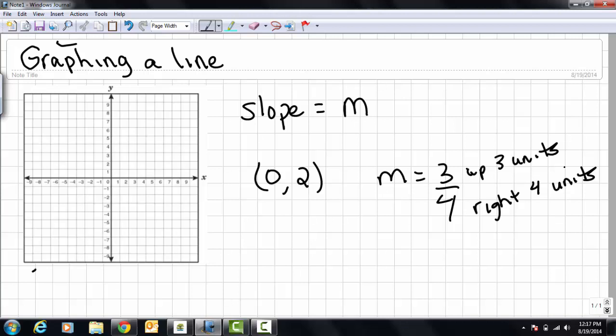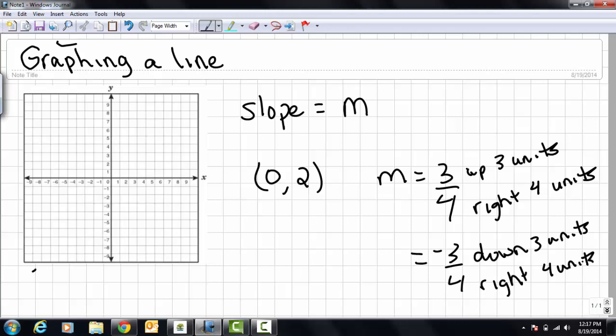That's how you read slope. Now, if it were a -3/4, that means I would count down 3 units and right 4 units. Alright, but since we have a +3/4 slope, let's get rid of that.